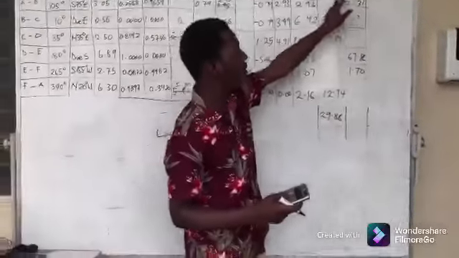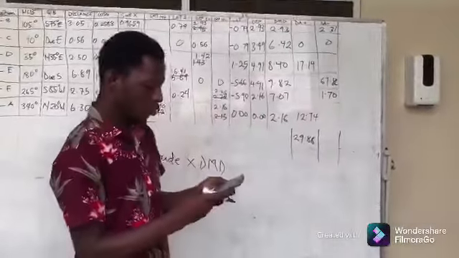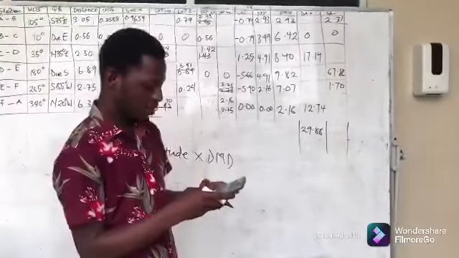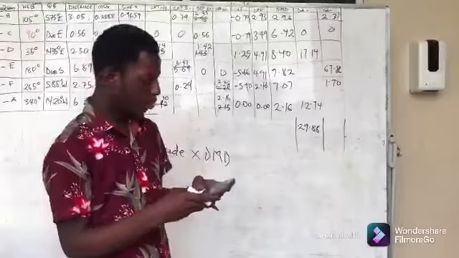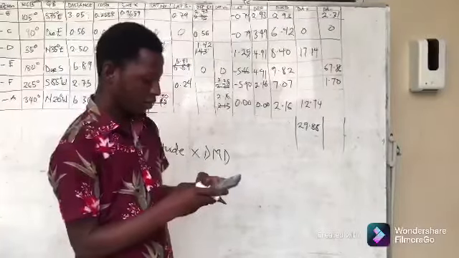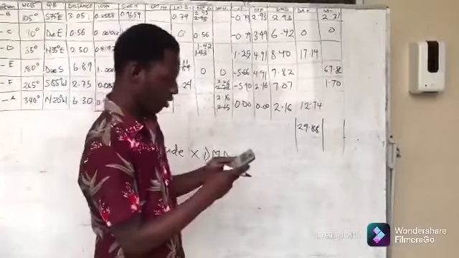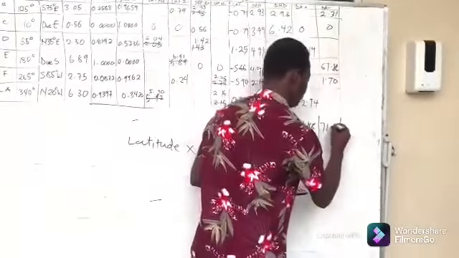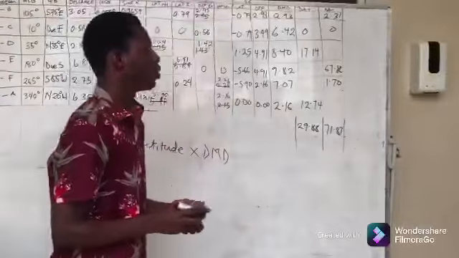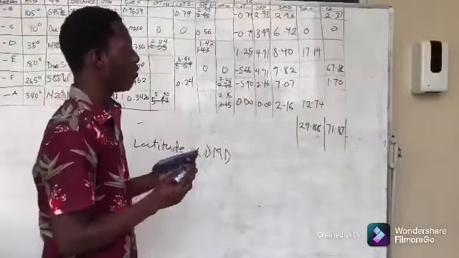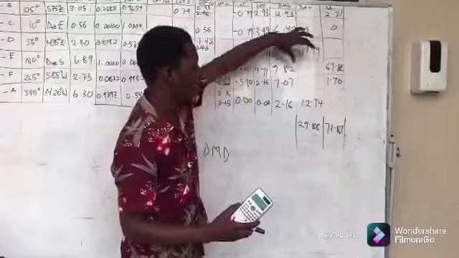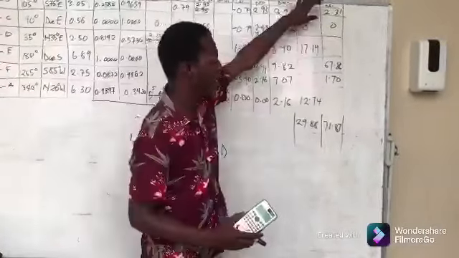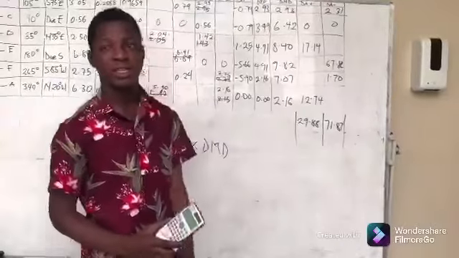Then I'll sum this one up: 2.01 plus 67.86 plus 1.70, which will give me 71.87. So this is the value for the double area. For the positive section it is 29.88. For the negative section it is 71.87.